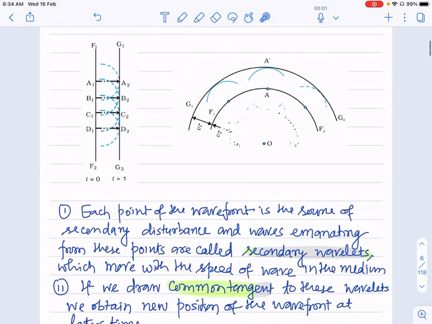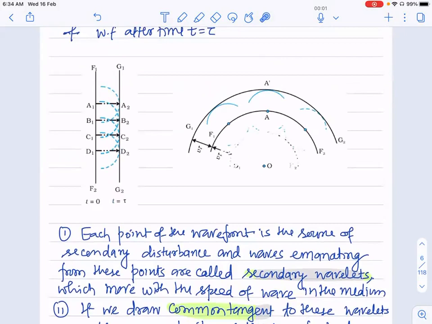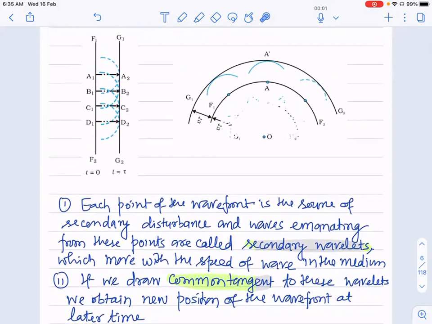For example, given a wavefront at t equal to 0 like this, all the points on it will act as a fresh source of disturbance, and a wave originating or emanating from these points is called a secondary wavelet. जो waves हैं secondary wavelets हैं.